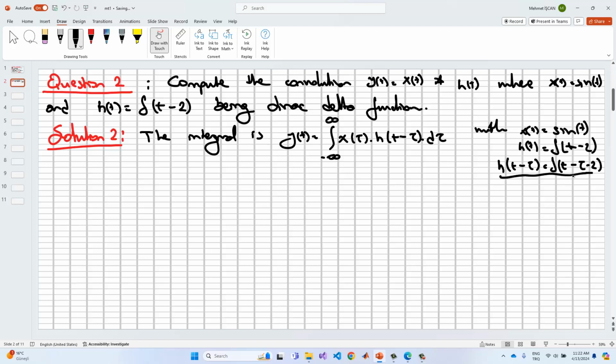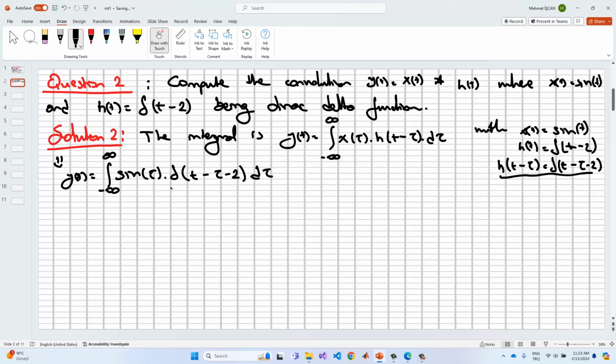This is important. So y(t) equals the integral of sin(tau) times delta(t minus tau minus 2) d tau.